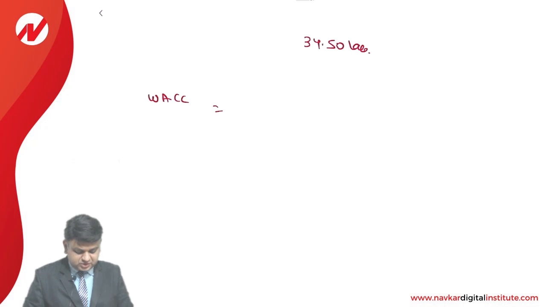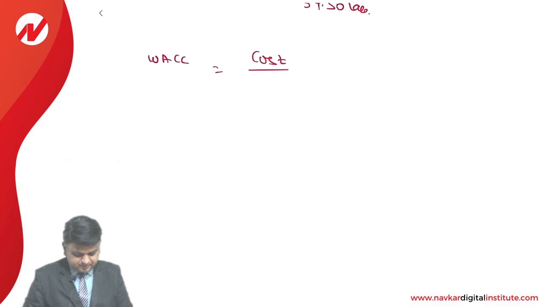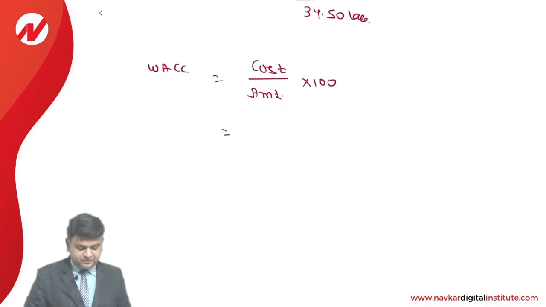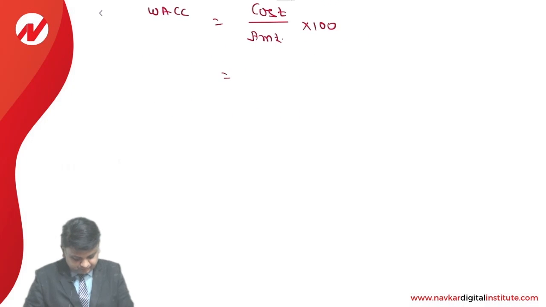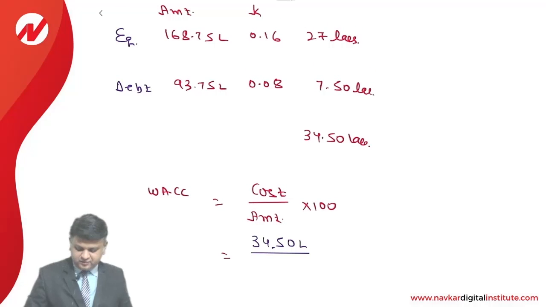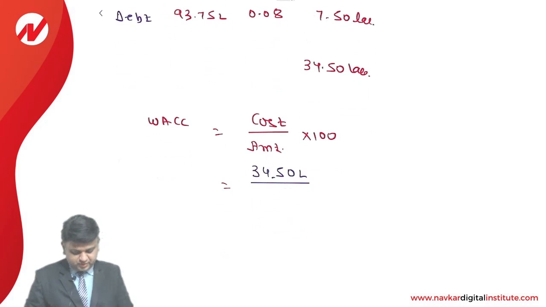So the weighted average cost of capital is cost divided by amount into 100. 34,50,000 divided by 168.75 plus 93.75, that comes to 262.5 lakhs.